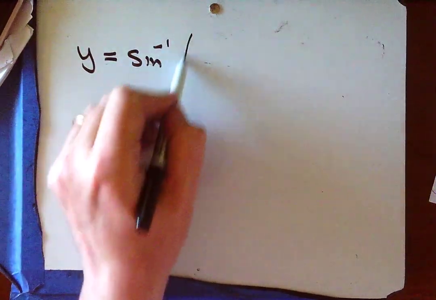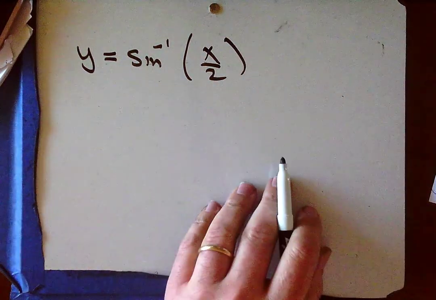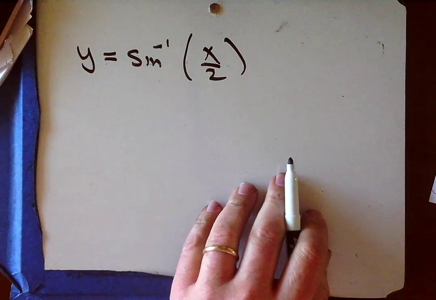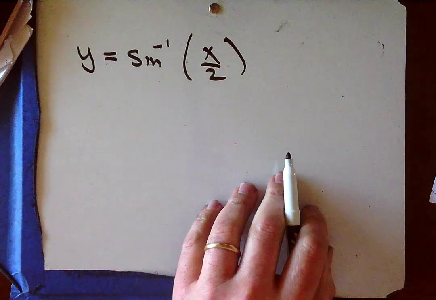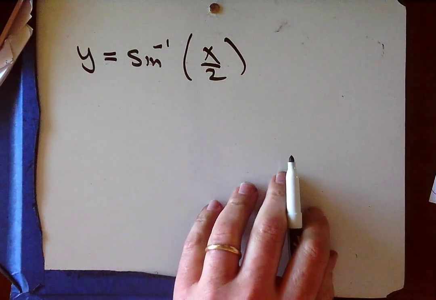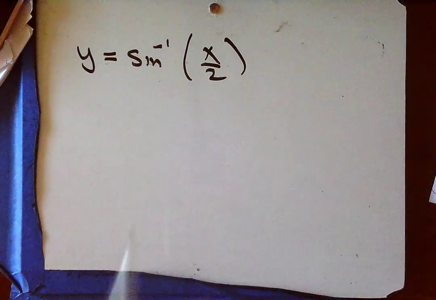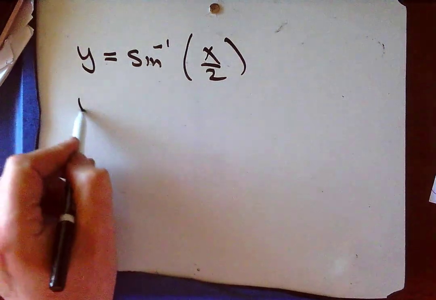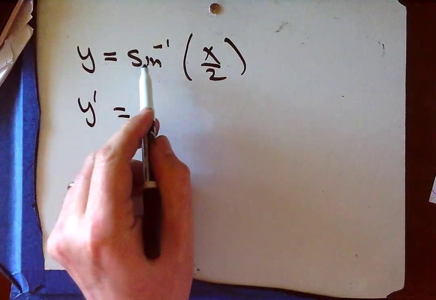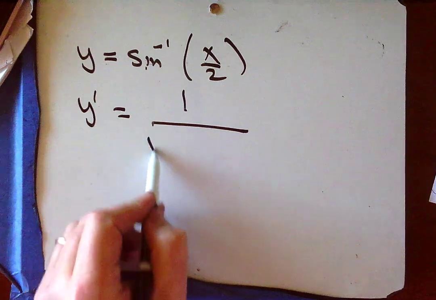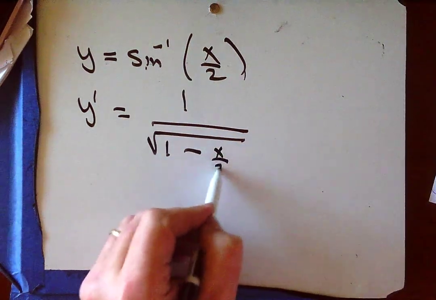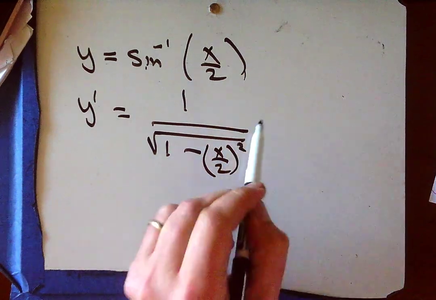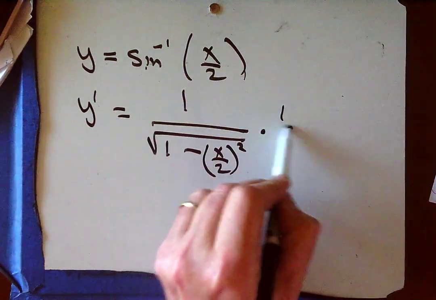How about y equals sine inverse of x over 2? Okay, y prime then, derivative of inverse sine is 1 over square root of 1 minus stuff squared times the derivative of stuff.